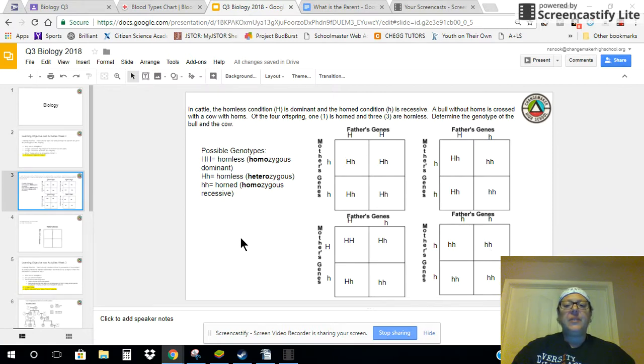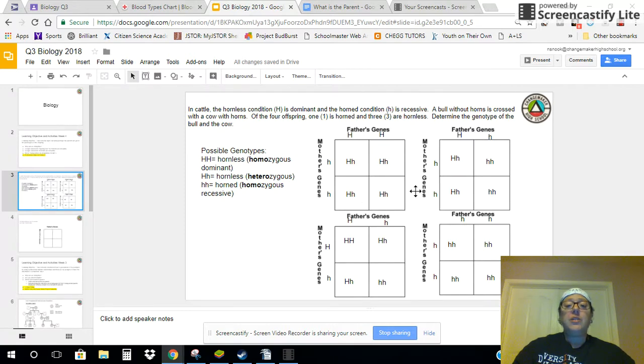It is saying here that of the 4 offspring that are possible, 1 is horned and 3 are hornless. Well, if we look at the top two Punnett squares, we know that 100% of this mating will result in a hornless offspring because the big H is present in 100% of the offspring. So this is not an option.